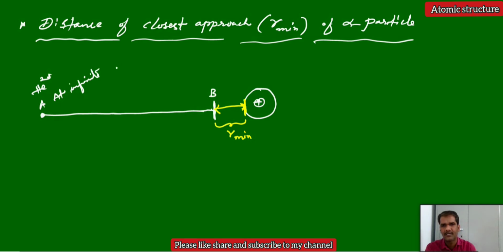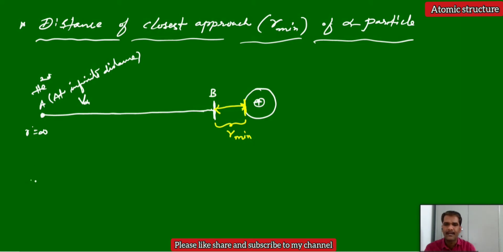You should assume that it is at infinite distance. And the alpha particle is moving with a velocity of v alpha. Let us assume the speed of the alpha particle is v alpha. Now the distance between A and B, here R is equal to infinity.